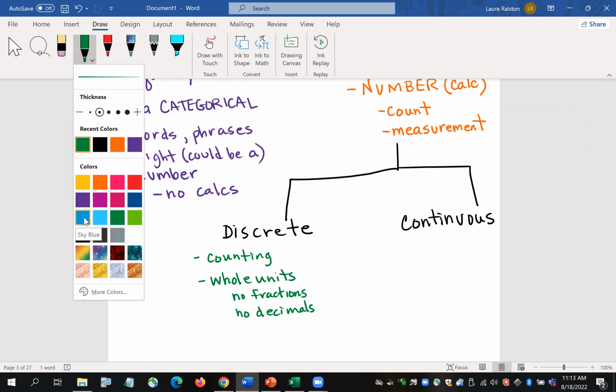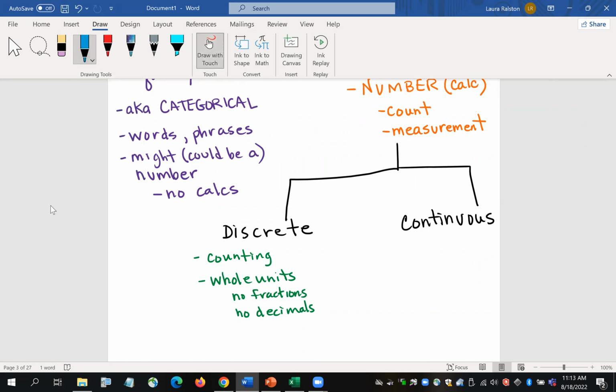Quantitative continuous. Continuous is usually associated with a measurement or with measuring because we use some sort of tool, and we could have decimals or fractions. I always think about it sort of like if I got a measuring stick that goes from 0 to 1, I could break it down into half units or quarters or eighths or 16.